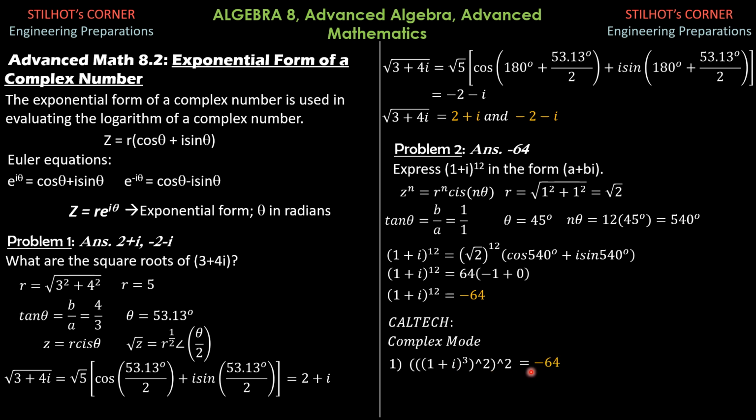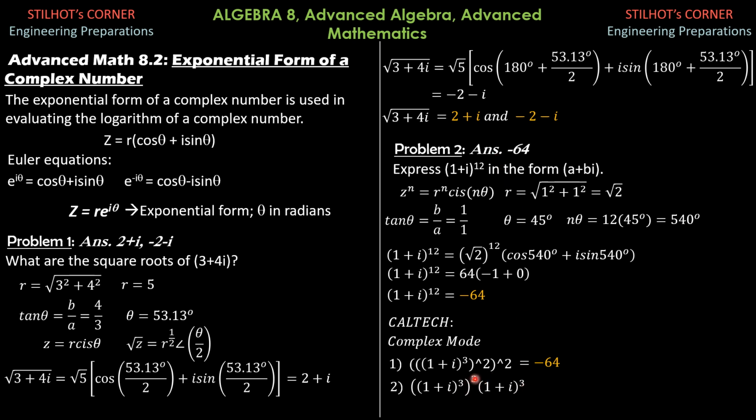You try that. The other one is, you may write this as (1 plus i) cubed, then quantity cubed, that would be 9, then multiply it further by (1 plus i) cubed. That makes it 12. (1 plus i) cubed, then quantity cubed, that's already 9, then times (1 plus i) cubed. So that makes it 1 plus i to the 9, then times 1 plus i to the third, and that would be 1 plus i to the 12.